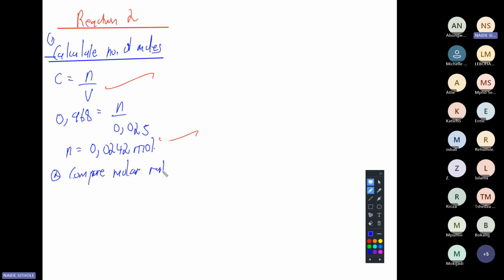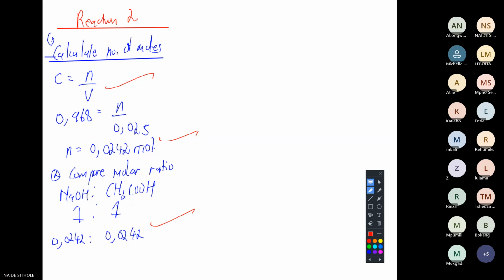Compare molar ratio, which means I would have to say sodium hydroxide to CH3COOH, which is the acetic acid. Now I see that the ratio is 1:1, meaning 0.0242 for this one also is 0.0242. You have another mark for this one. So you can see you walk out with something from the exam.